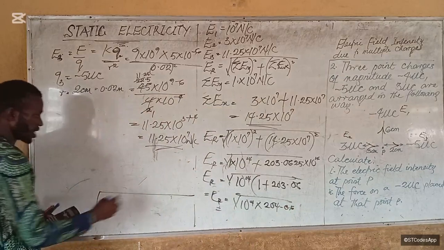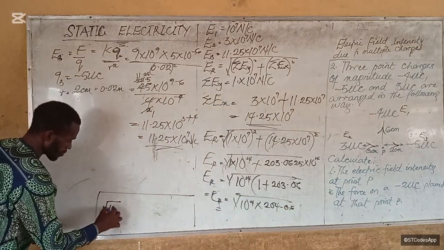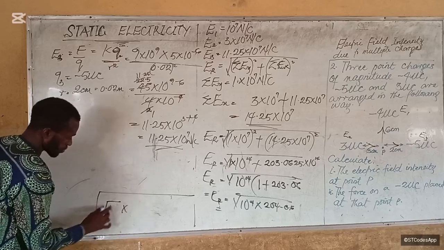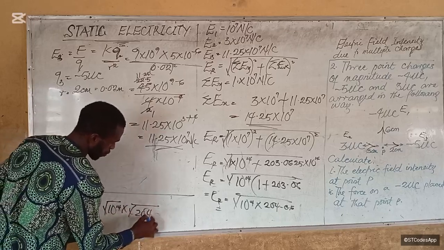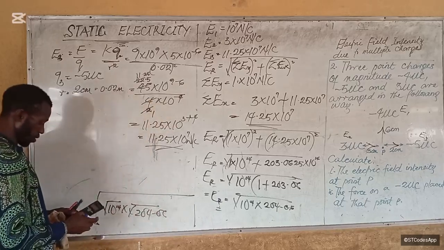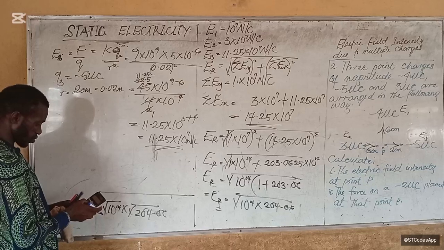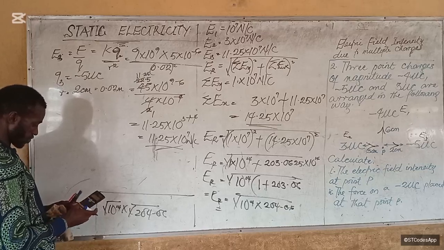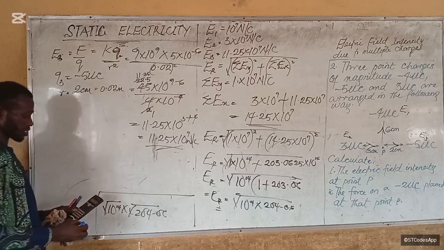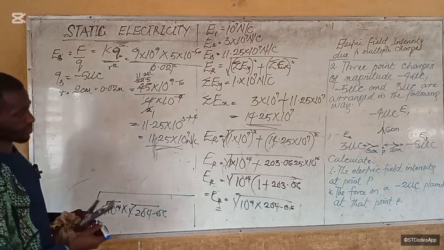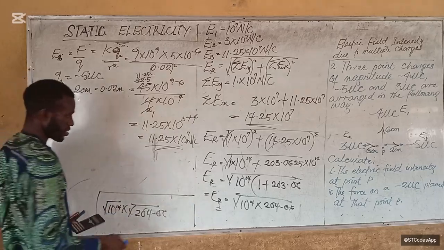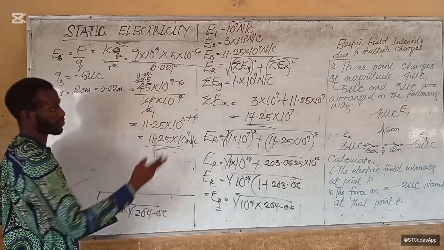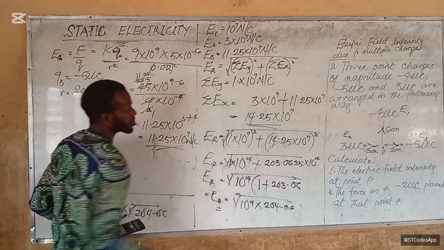So we can separate this into 2 brackets. That will become the square root of 10 raised to the power 14 times the square root of 204.06. Or let's just take the square root of that. Square root of answer. That becomes 14.25. Oh, of course, 14.25. So we needed not to square it, because this is okay.